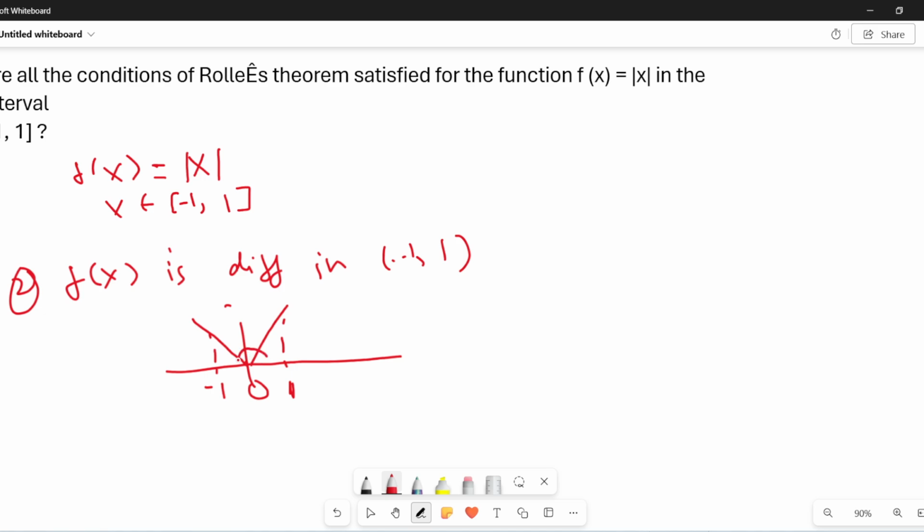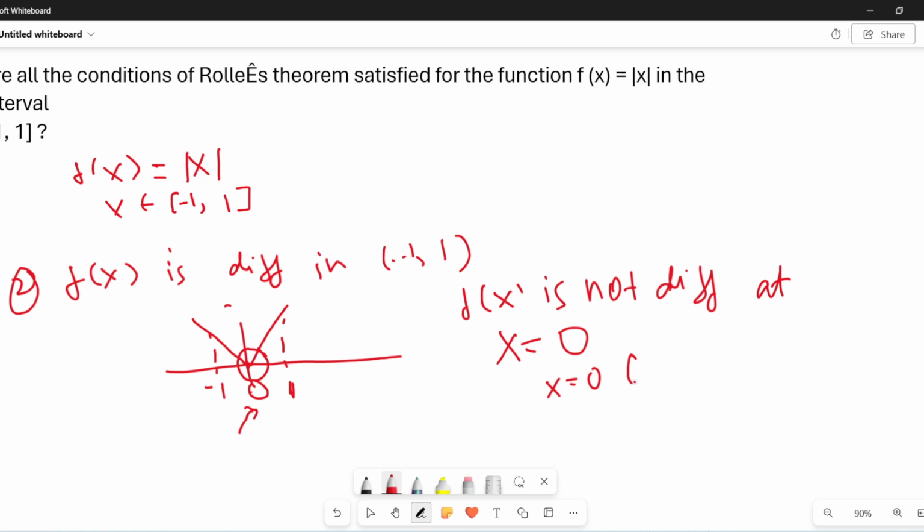Look, there is a sharp edge at point 0. When a graph has a sharp point, it is not differentiable there. So f(x) is not differentiable at x = 0, and this point x = 0 is in between -1 and 1. The second condition is not satisfied.